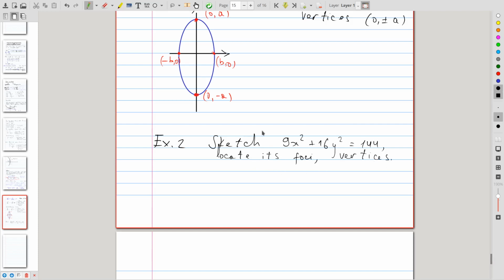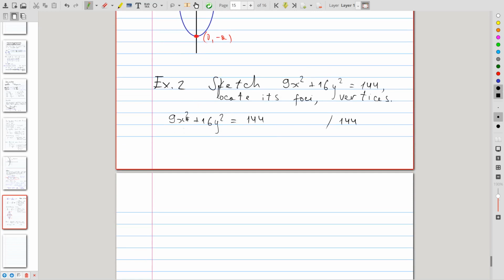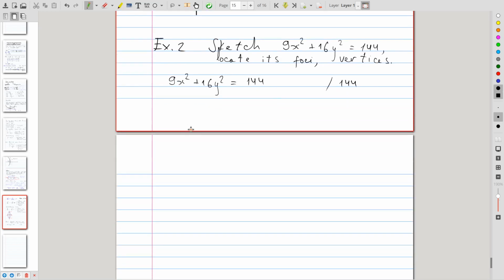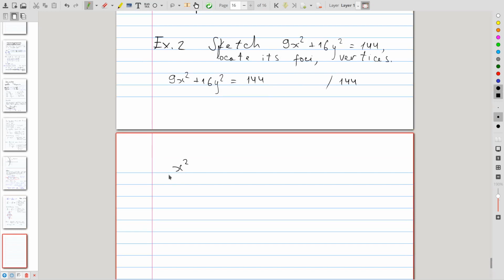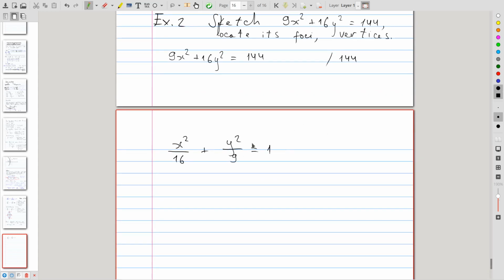And so the way to do it first is to bring this to the standard form. So given the equation 9x squared plus 16y squared equals 144, we want to divide both sides by 144. Fortunately, 144 is precisely the product of 9 and 16. So as a result of this division, we end up with x squared over 16 plus y squared over 9 equals 1.